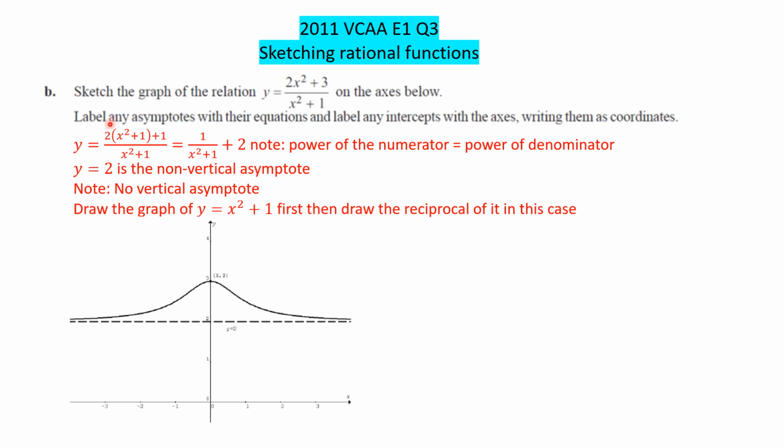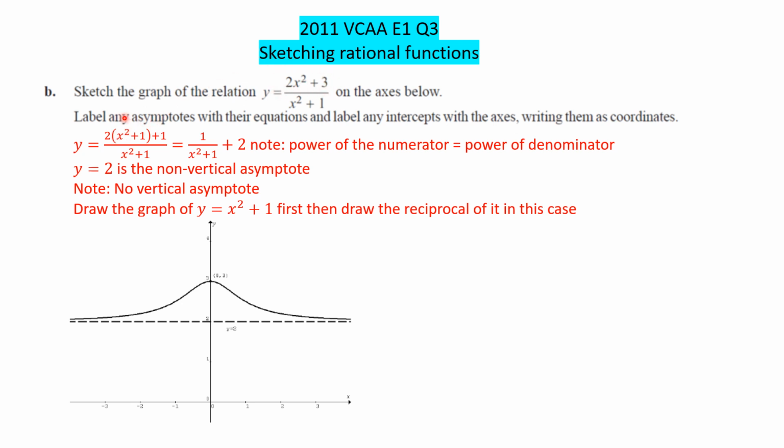So on the numerator, you want a multiple of it. Because you got 2 over here, I just took 2 out, and inside I've got x squared plus 1. If you expand everything out, you get 2x squared plus 2 plus 1, which is 2x squared plus 3. And that's what you've got initially.